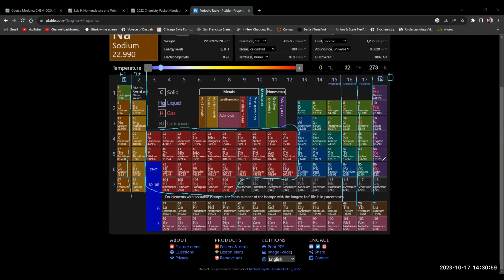So anything in this row here, 0 charge. The next row over, halogens, they're one removed from being noble gases. And because of that, they are actually -1 charge.